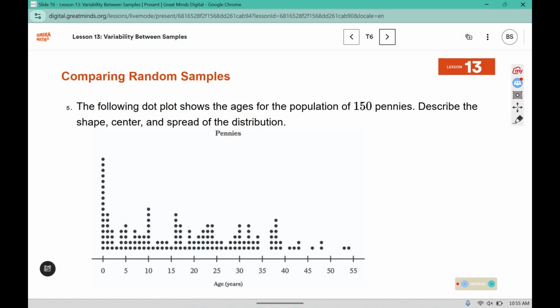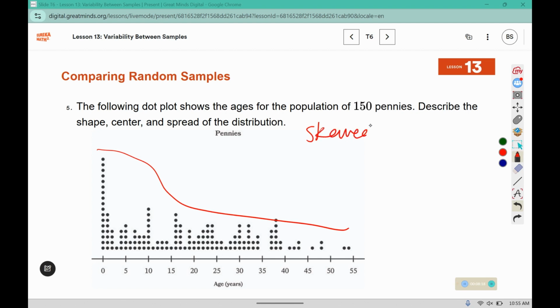The following dot plot shows the ages for the population of 150 pennies. Describe the shape, center, and spread of this distribution. Well, this one is definitely skewed right. The spread of this distribution, it went from about 54 and 0, so it has a spread of 54.